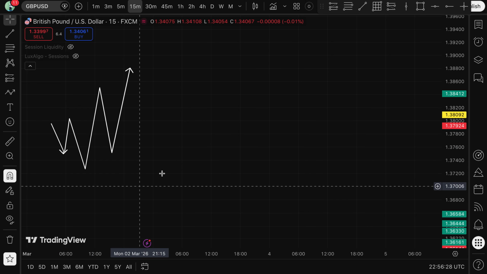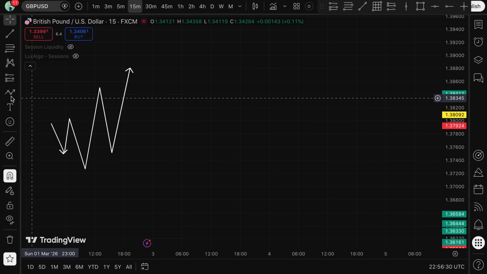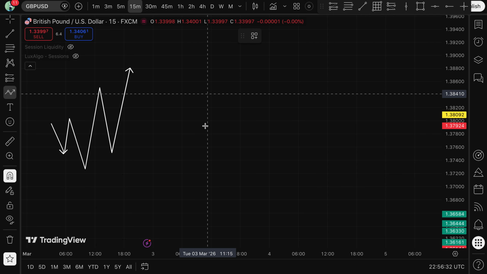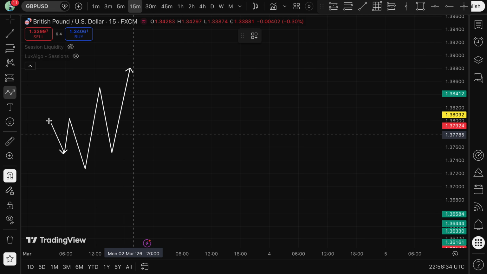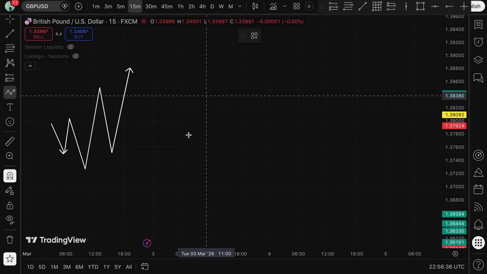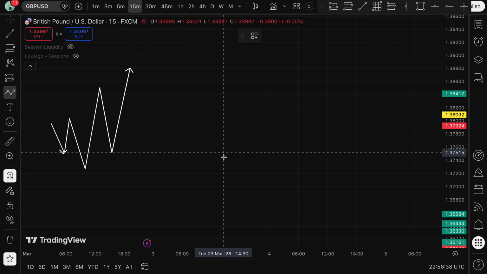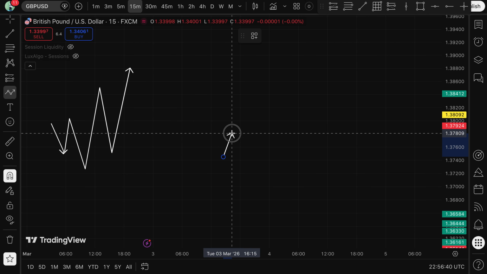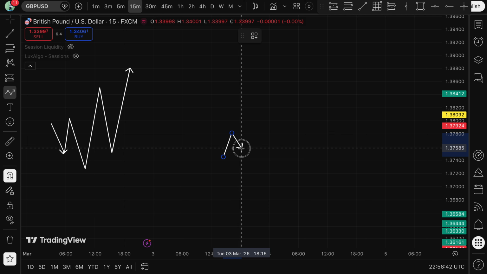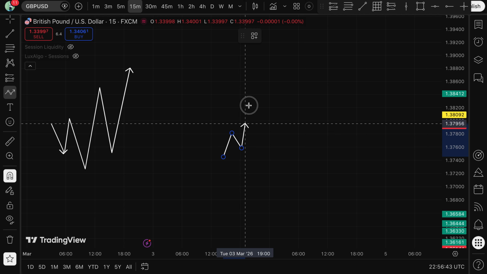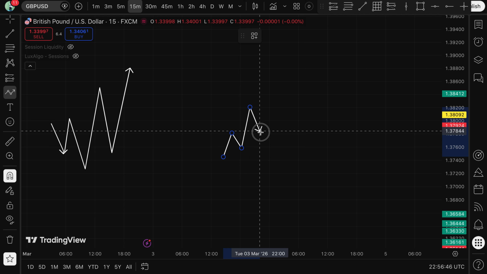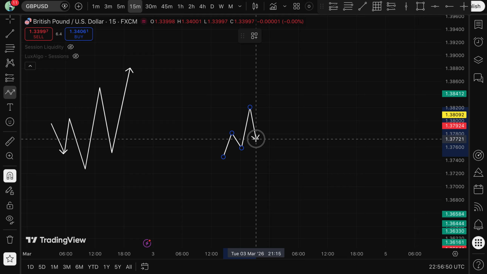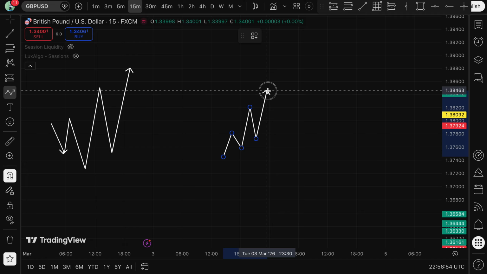Something like this here. So let me just give a quick sketch of the continuation. This is just for the reversal and the continuation. Let me see, the market is trending up like this, higher highs, higher lows. Now you see something like this.